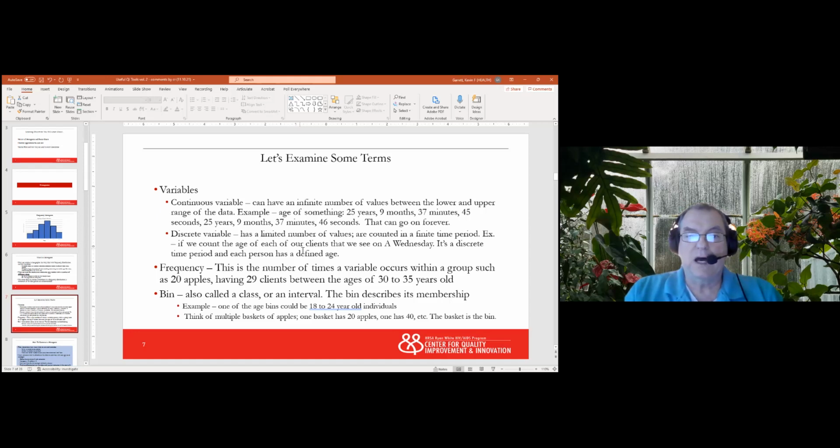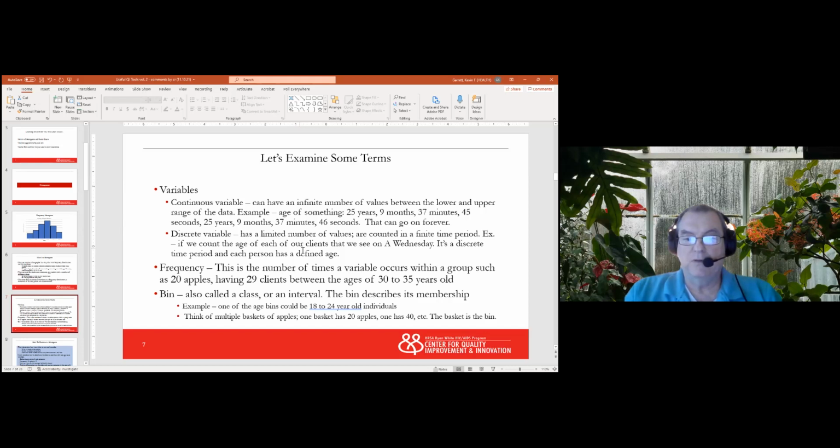The example at the top under continuous looks at age as like 25 years, 9 months, 37 minutes, 45 seconds. And then the next value, 25 years, 9 months, 37 minutes, 46 seconds. You can go on to infinity with this, and it's really not helpful. It's helpful in some statistical applications, but for your applications, discrete variables are much easier to deal with, like age, which can be either one, because we defined age as just a solid number per year.